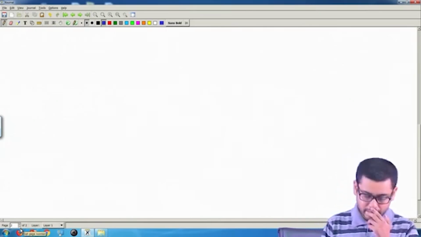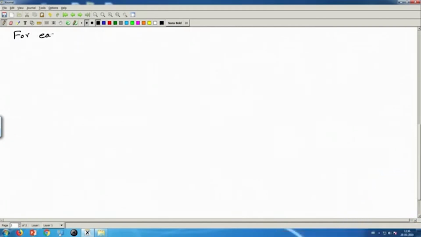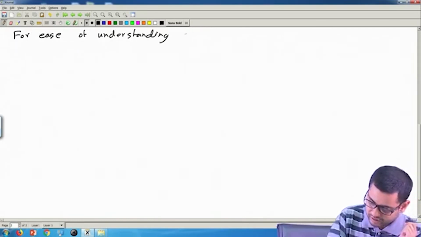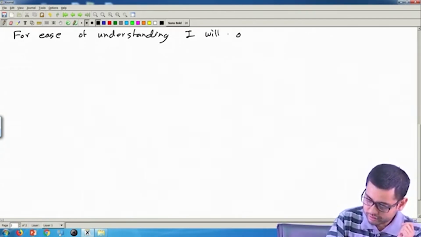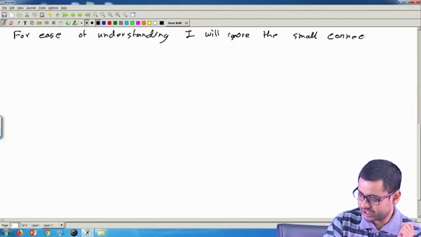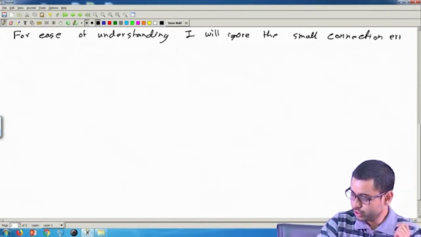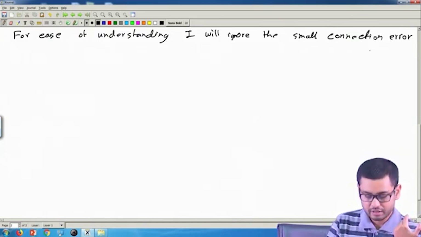So, for ease of understanding, I will once again ignore the small connection errors which we discussed before due to non-zero current coil resistance and non-infinite voltage coil resistance.